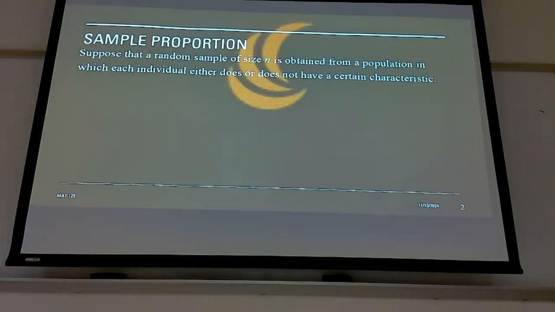A random sample of size n is obtained from a population in which each individual either does or does not have a certain characteristic. Kind of sounds like the binomial distribution.